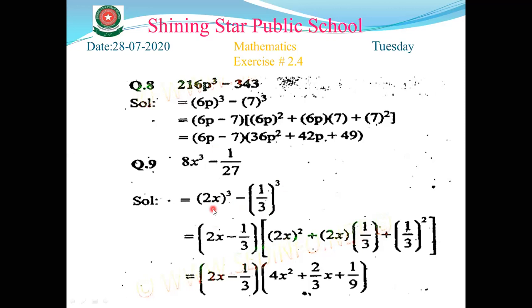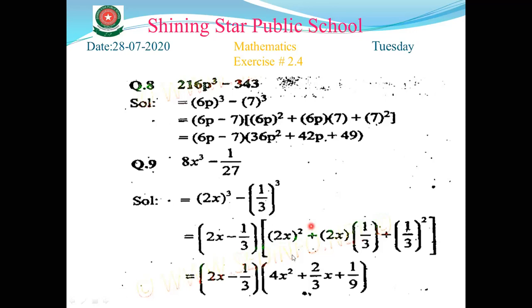Now in this question a is 2x and b is 1 over 3. So a minus b, a² means (2x)² plus ab means 2x multiplied by 1 over 3 plus b² means (1 over 3)².